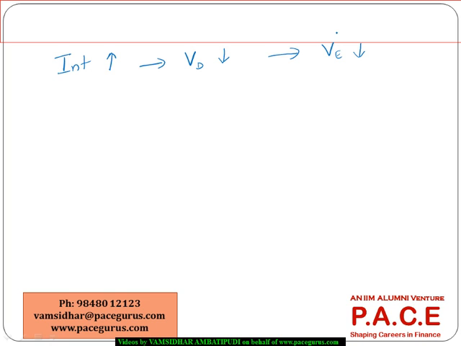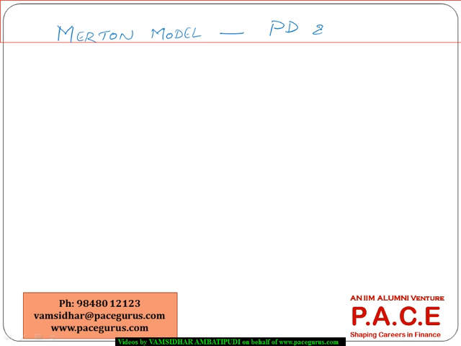So now for me the most important aspect is how do I use, let's say, the Merton model to compute the probability of default as well as loss given default.